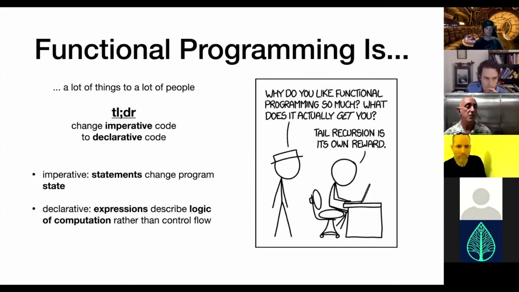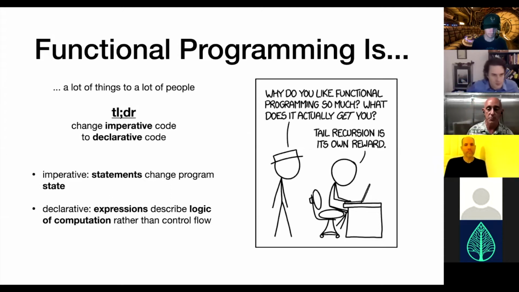In declarative code, you use expressions only without assignment. And that's not 100% true. There are cases where assignment happens, but what you're looking for is expressions that describe what output you want to get, rather than writing code that walks through your input and generates the output. So it's just a slightly different framing on things, and we'll see examples of exactly what this looks like in practice.